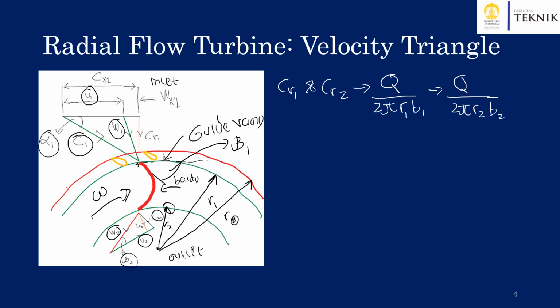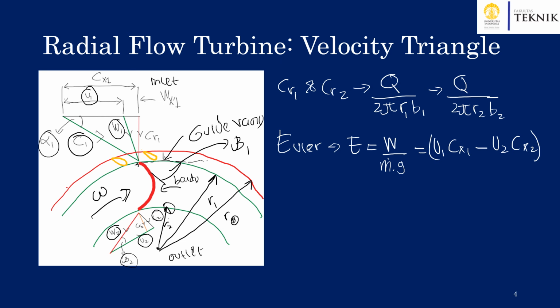Therefore, to get the Euler equation for radial flow turbines, we can write it down as E equal to W divided by mass flow rate multiplied by gravity. That is equal to U1 Cx1 minus U2 Cx2.